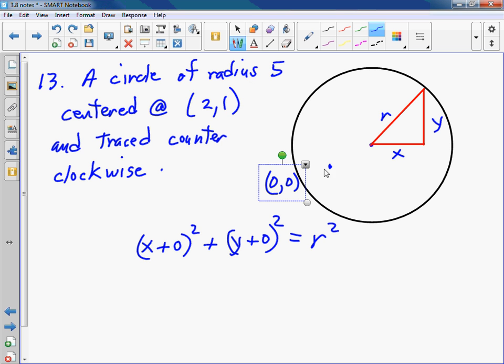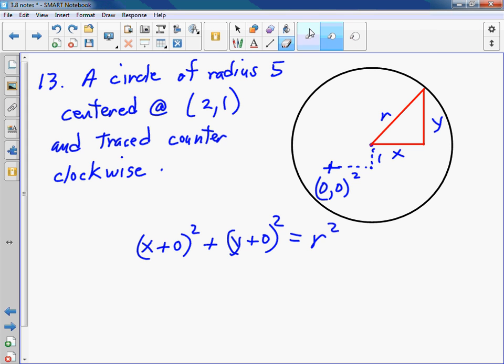Okay, if this were the case, let's say this is 2 and 1. And then our origin would be right here. Maybe I'll make that in blue. There's the origin of the circle. Okay, so now let's see how that would change the equation for this.